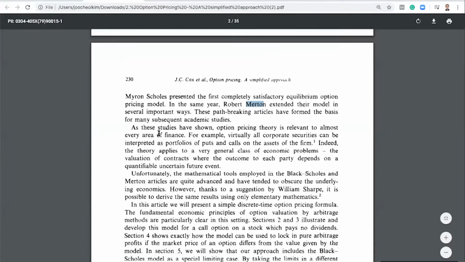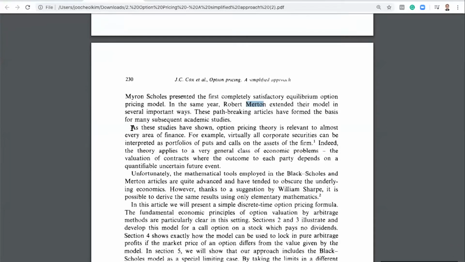And the importance of their discovery is that, as these studies have shown, option pricing theory is relevant to almost every area of finance. This is what I wanted to point out several times. If you know the basic option pricing theory, you can cover almost every area of finance.